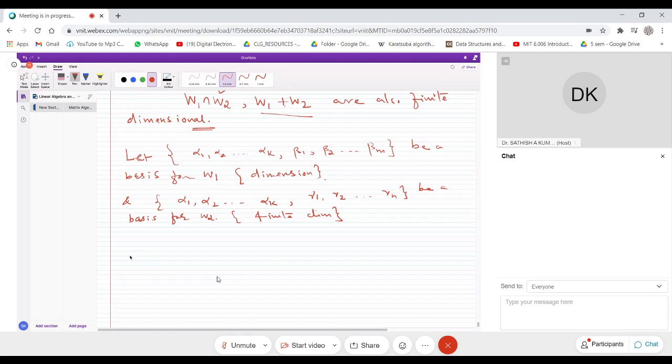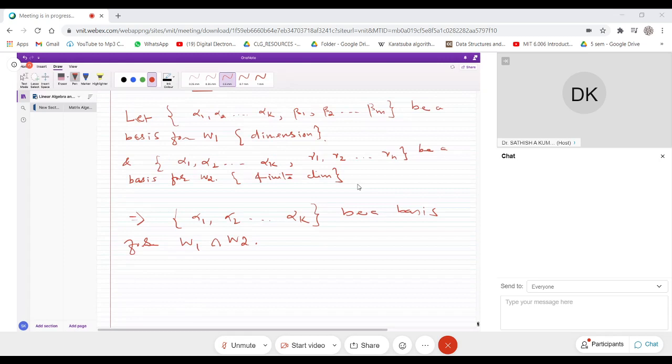So from this observation, one can say that alpha 1, alpha 2, etc., alpha k is a basis for W1 intersection W2.